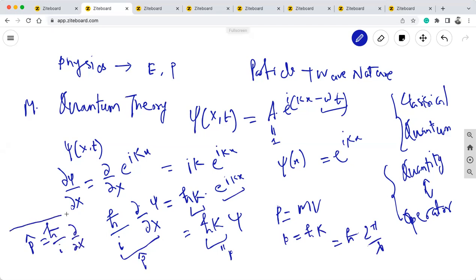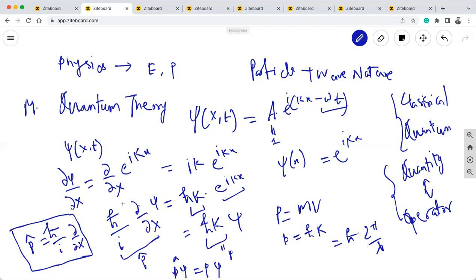This is a very important equation, showing how a physical quantity can work as an operator, as a mathematical function. So this equation becomes p hat chi equals p chi. What is an operator? An operator is a mathematical function.